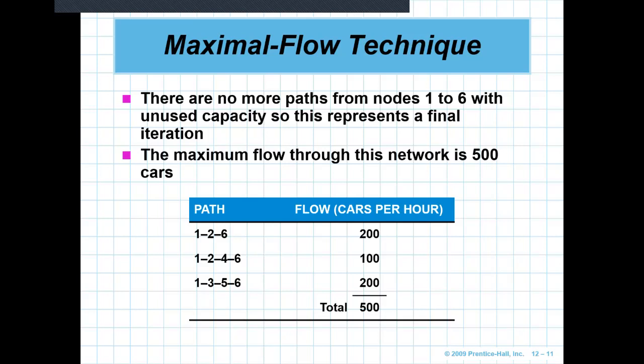Use the C numbers, 2, 1, and 2, as the numbers that represent the maximum flow. Because it is in units of 100 cars, we multiply by 100. So 200 plus 100 plus 200, so 500 cars represent the maximal flow in this network.